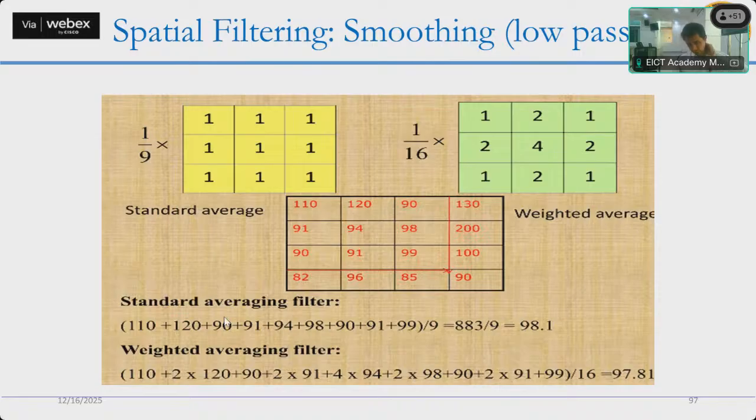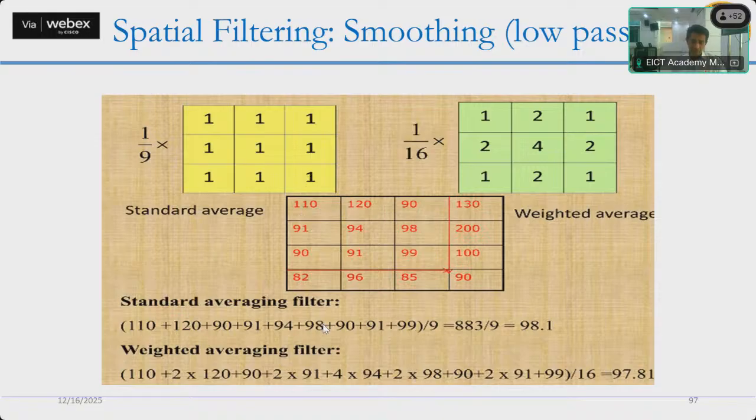When you calculate the standard averaging filter, you multiply all the elements to each value. To which mask will it apply? Again, it will apply where 94 is in the middle. So 110 into 1, 120 into 1, plus 90 into 1, plus 91 into 1, plus 94 into 1, plus 98 into 2.